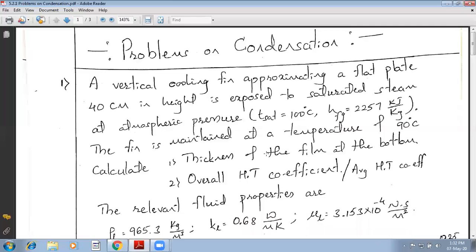The fin is maintained at a temperature of 90 degrees Celsius. We need to calculate the thickness of the film at the bottom. Second one is the overall or average heat transfer coefficient.